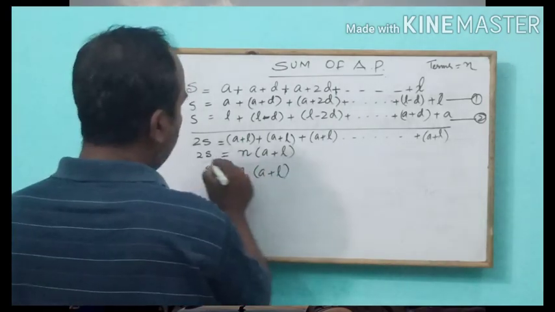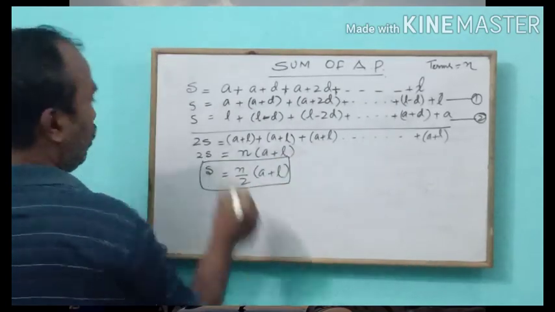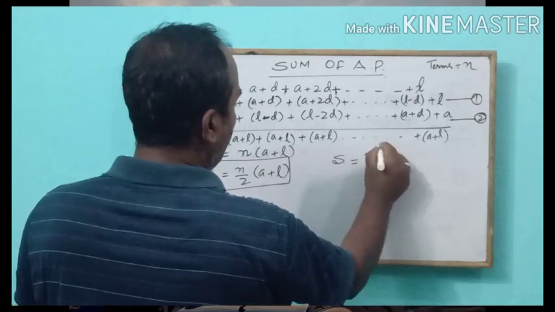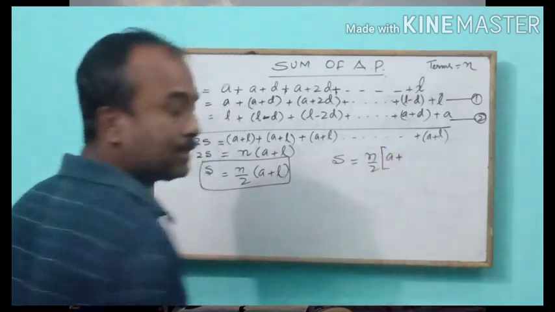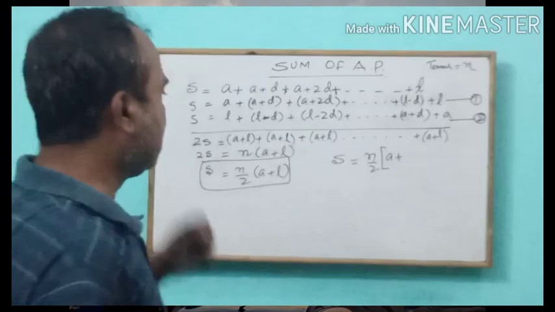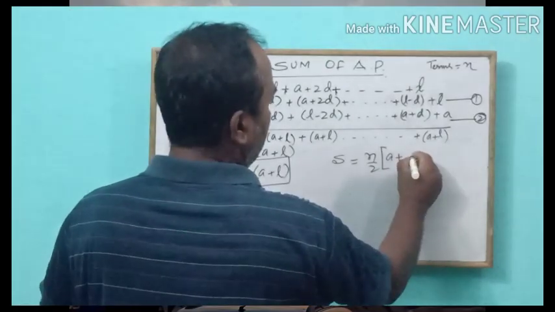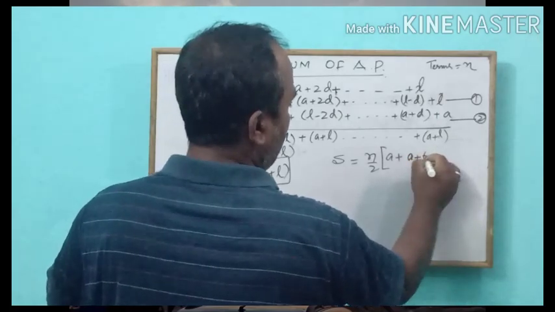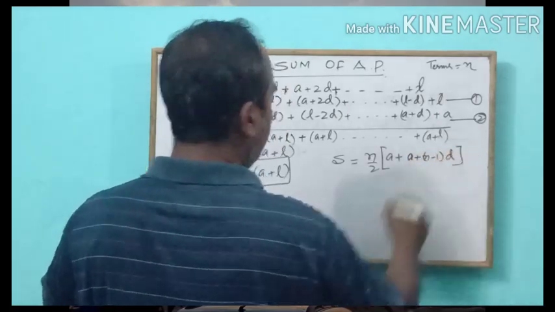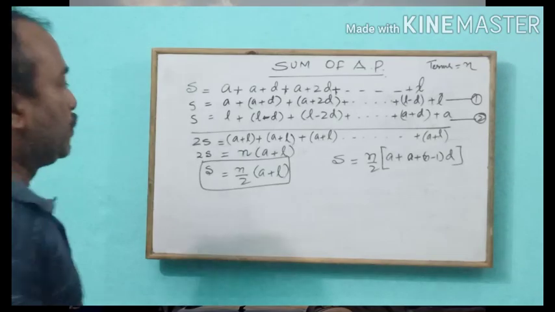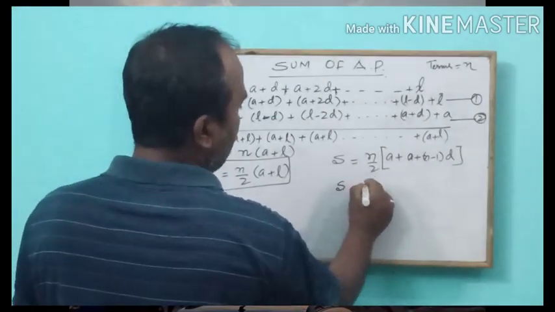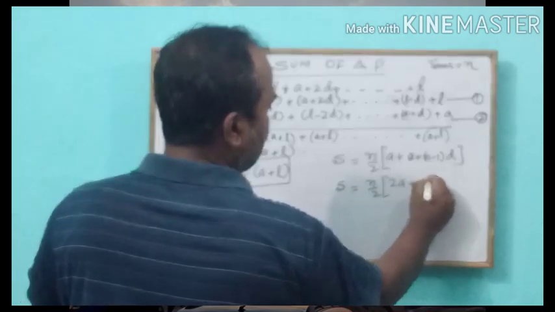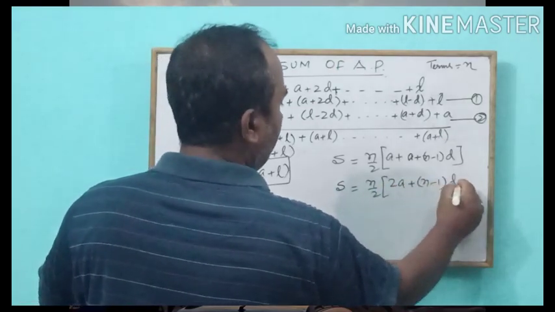Now further, this formula could be modified as S equals n by 2 into (a plus L), where L is a plus (n minus 1) into d. So S becomes n by 2 into (2a plus (n minus 1) into d).